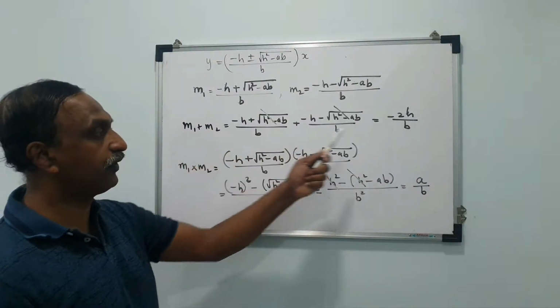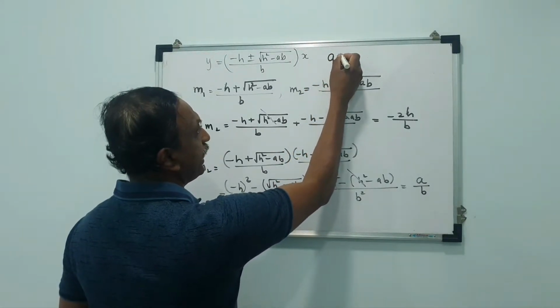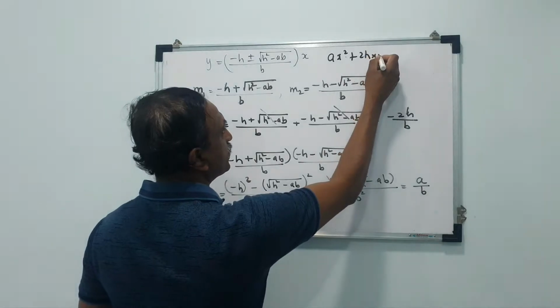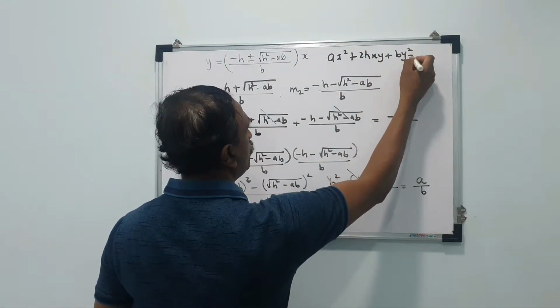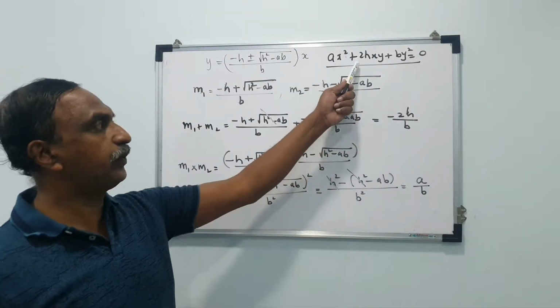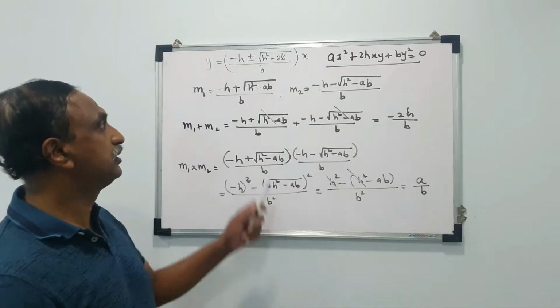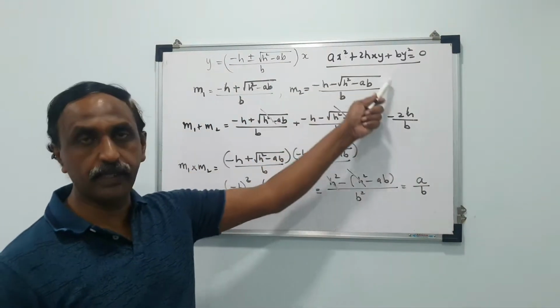So these two results are very important. Whenever we write an equation of this kind, ax² + 2hxy + by² = 0, the first thing that should come to your mind is that this equation represents two lines passing through the origin. What are their slopes? Their slopes are given by these two formulae.